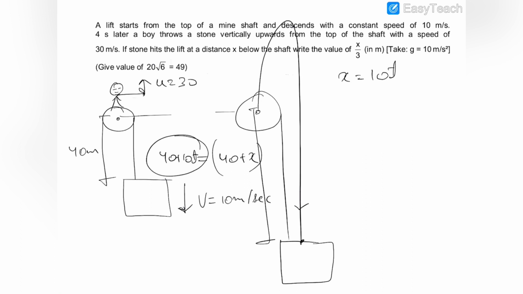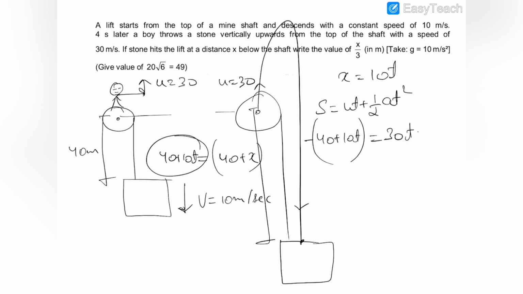Now you can see that the stone has been thrown with a velocity of 30 from this point, and it has descended down by a displacement of 40 plus x in time t. Now for the stone, we will apply s is equal to ut plus half at square, where s is equal to minus (40 plus 10t), and u is 30, t is the time, minus half, g is 10 and t square.